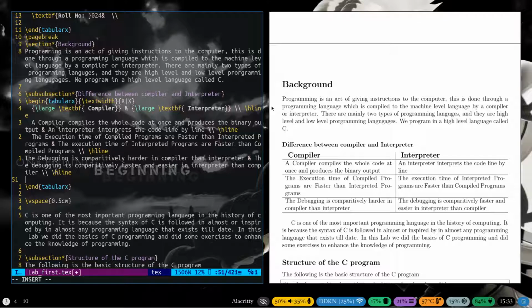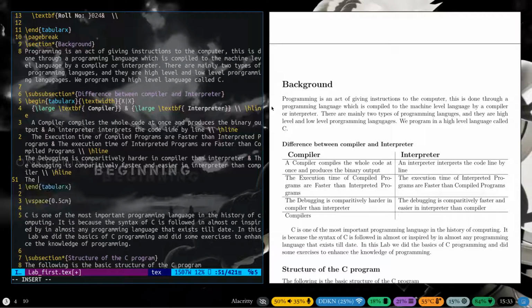The compilation time is larger for compilers.